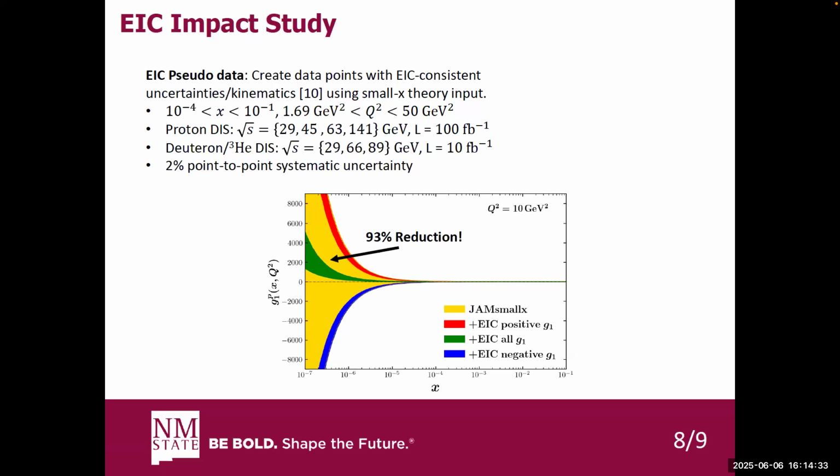So we get an approximation of how the EIC's data will help our phenomenology. And we see that that bimodality will be broken. Whether the EIC predicts slightly positive G1 in this case, or slightly negative G1, or even something very close to 0, it will still be enough for our small x evolution equations to fit that larger x limit for the initial condition and evolve to small x in a sign definite way.